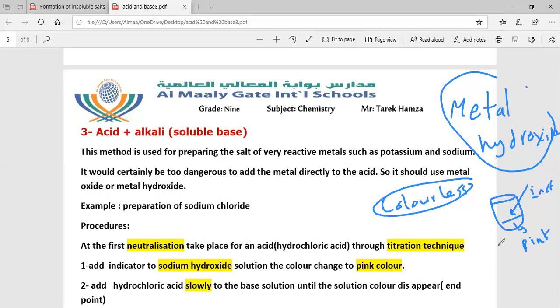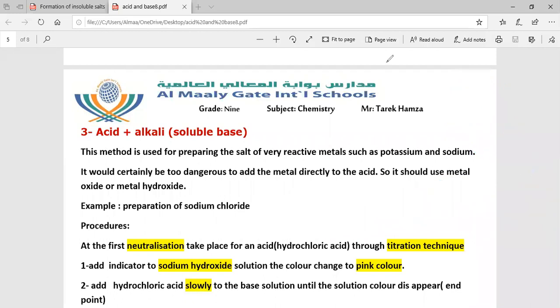Then take this solution and evaporate it slowly. White crystals are found at the bottom of the petri dish. This is sodium chloride salt. Okay.